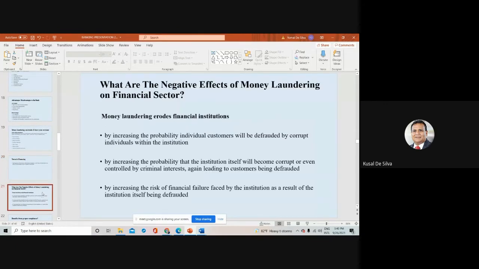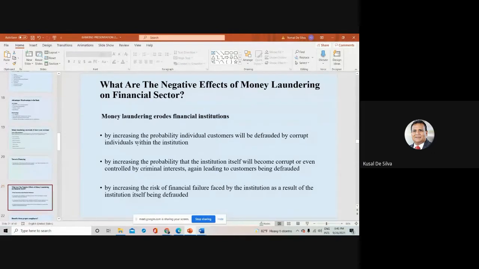Then what are the negative effects of money laundering on the financial sector? Money laundering erodes financial institutions. By increasing the probability that individual customers will be defrauded by corrupt individuals within the institution.